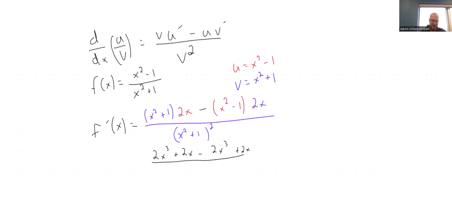Do you see what's going to cancel out already? A lot of times something will cancel out when you do this on top. You do have to simplify it. I'm not going to make you do incredible amounts of simplifying.